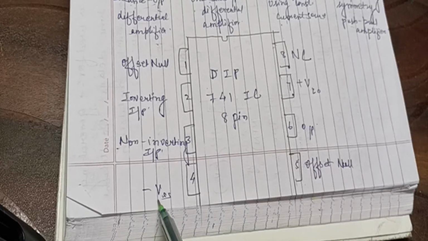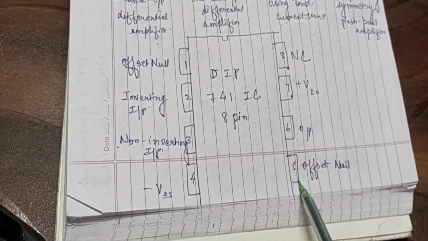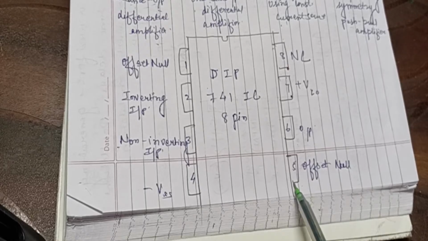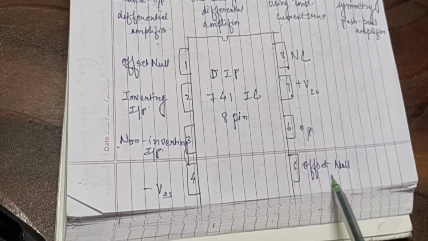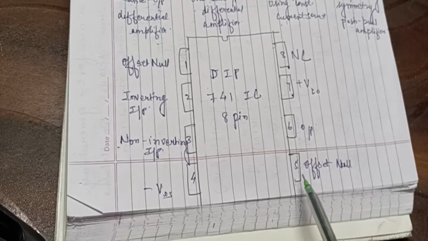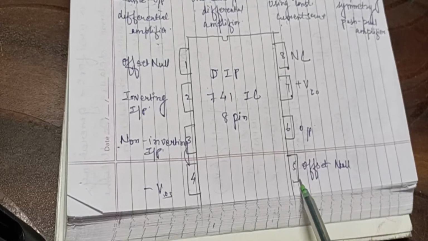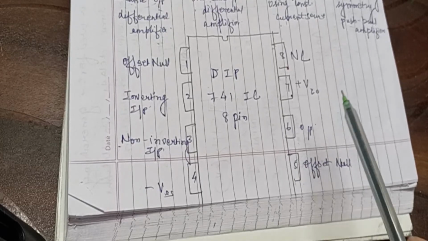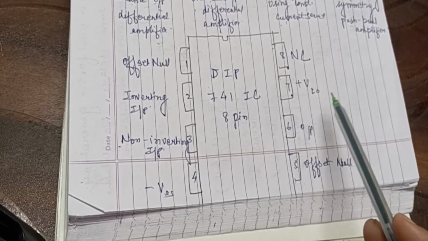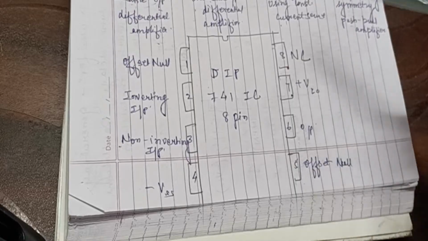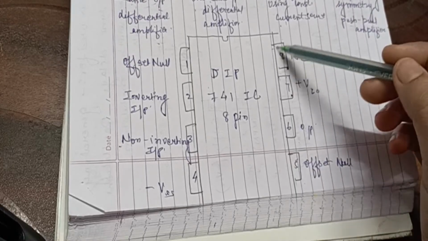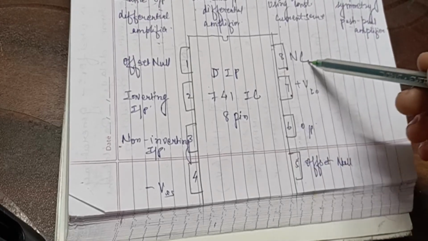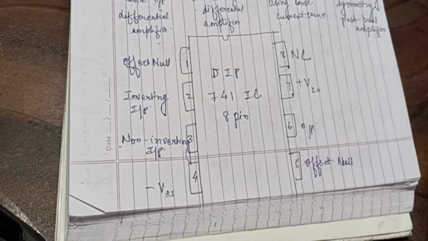Pin 5 is also offset null, which has to be maintained at 0. Number 6 is the output, number 7 is plus VCC, and number 8 is left with no connection, that is kept for future use.